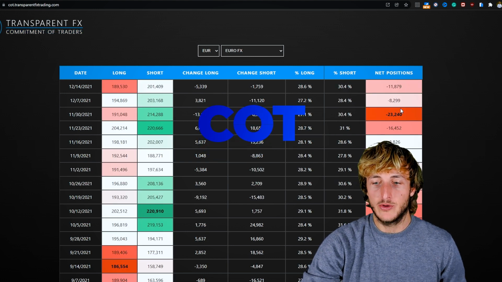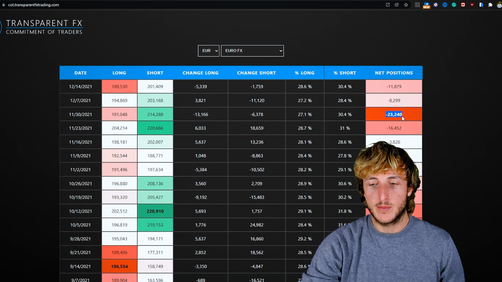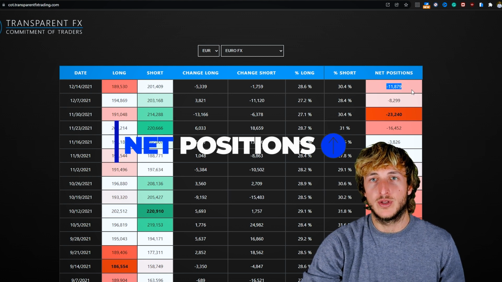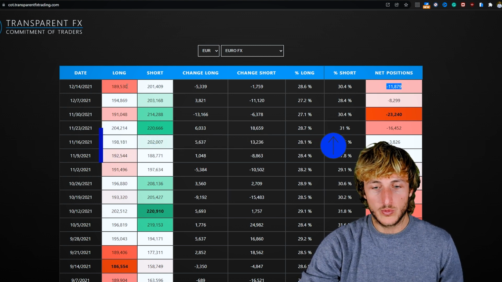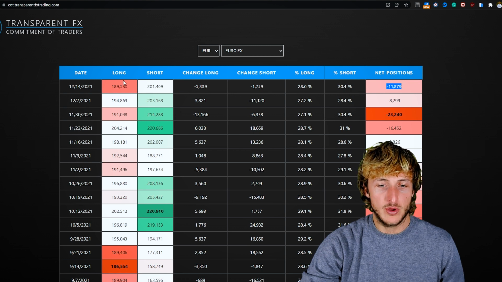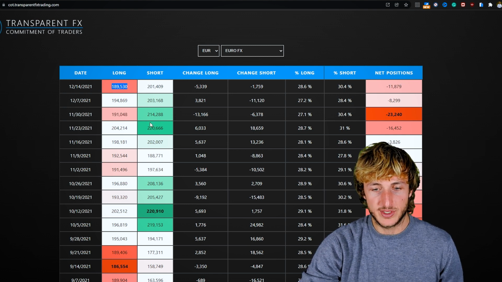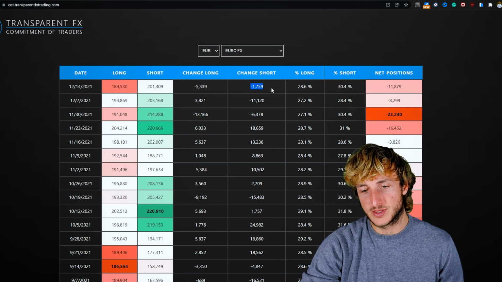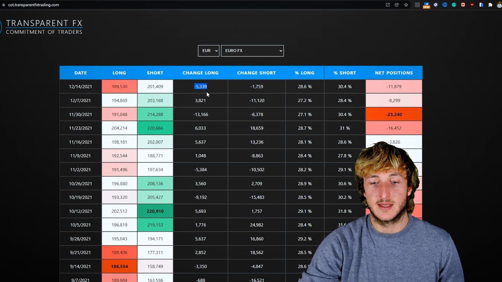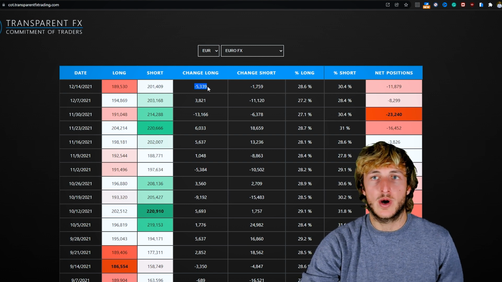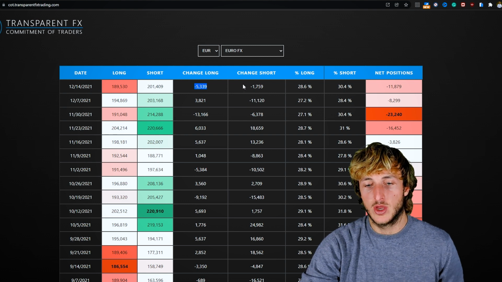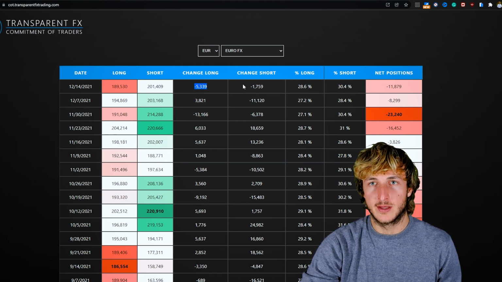Now, if we go and see what we have from a COT data point of view, what we can see is that by looking at the net positions, we went from having minus 23.2k net positions all the way up to having minus 11.8k net positions. So overall, we can see how the amount of longs got a little bit decreased, but overall shorts dropped from 220k to 201k. And we can see how with the last report, we're seeing shorts getting closed and longs getting closed as well, which obviously is quite typical when you have a range to not have a clear directional aspect when you look at the change in the longs and shorts.